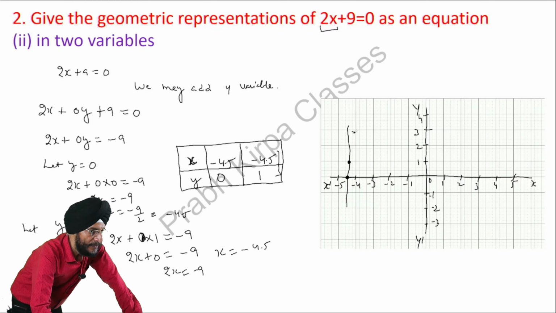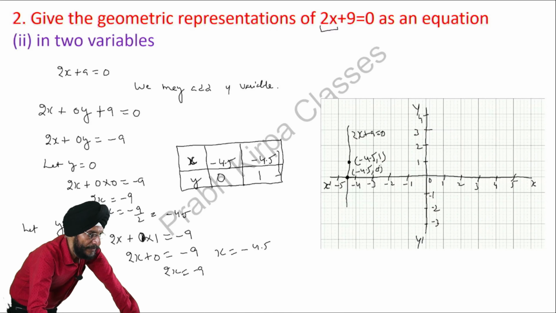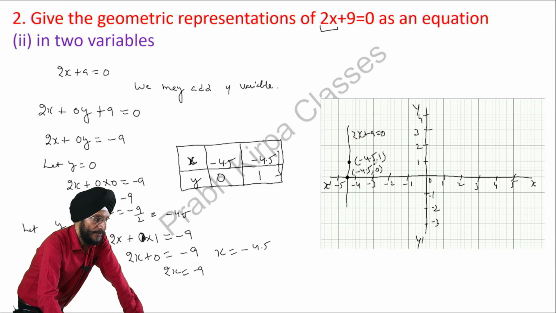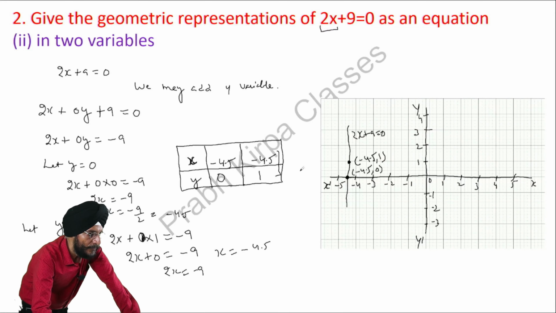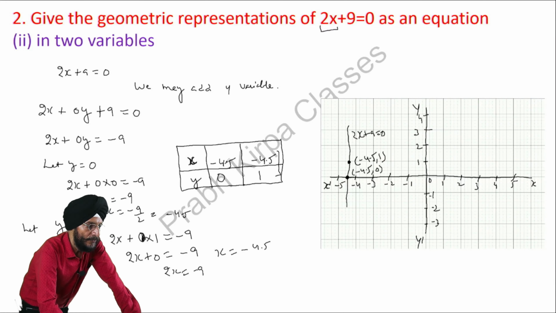So here the equation is 2x plus 9 is equal to 0. The solutions are here minus 4.5, the value of y is 1. Here at this point it is minus 4.5 and the value of y is 0, because we are to write the values of x first followed by the value of y.